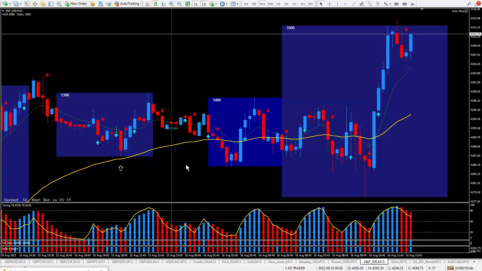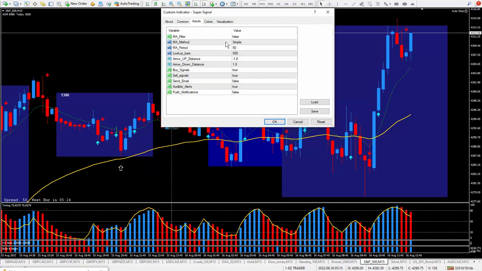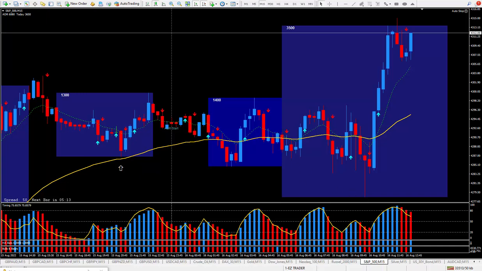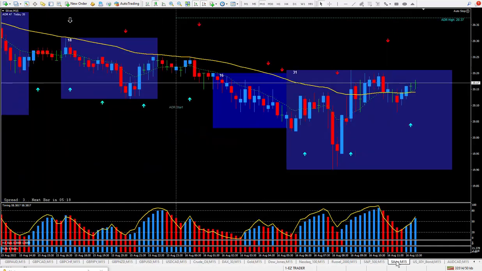Combination of the daily trade plan with this easy trader that comes with the super signal, you're off to the races. It's going to make your trading 10 times more easy. Keep that in mind. Okay, silver, there's the arrow from the daily trade plan.